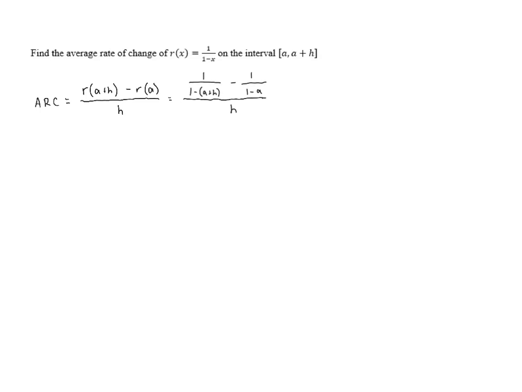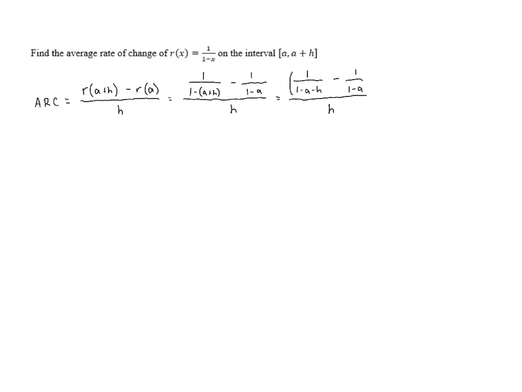Now here, we're going to have to distribute this subtraction to get rid of those parentheses. So we can rewrite this as 1 over 1 minus a minus h, minus 1 over 1 minus a, all over h. That is a lot of subtraction signs, so we need to be careful.